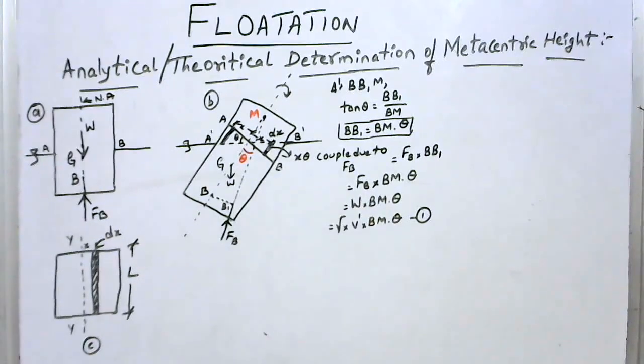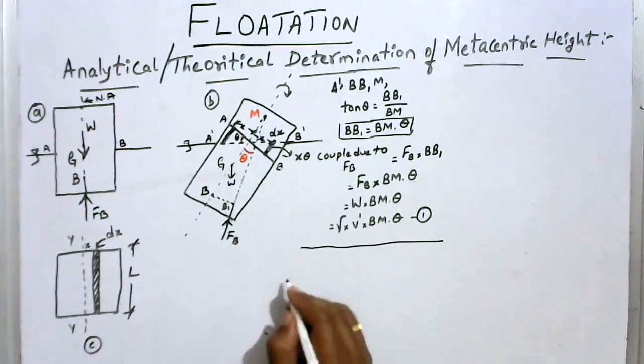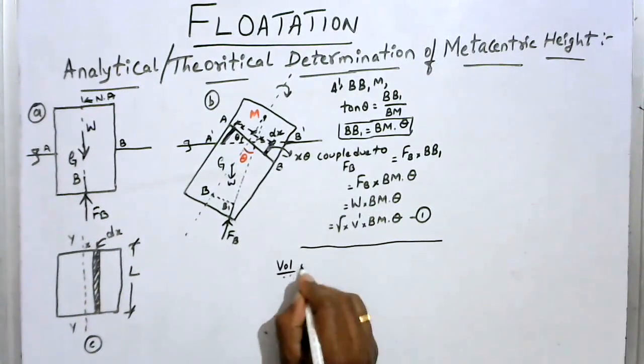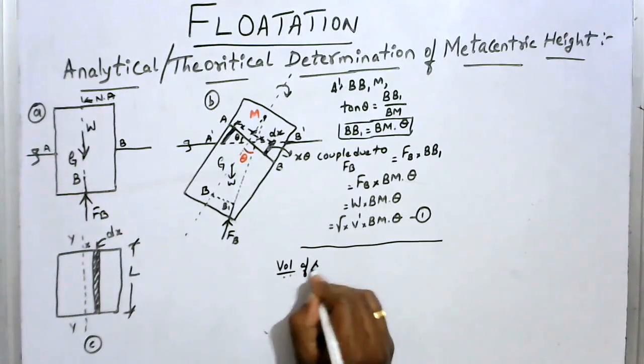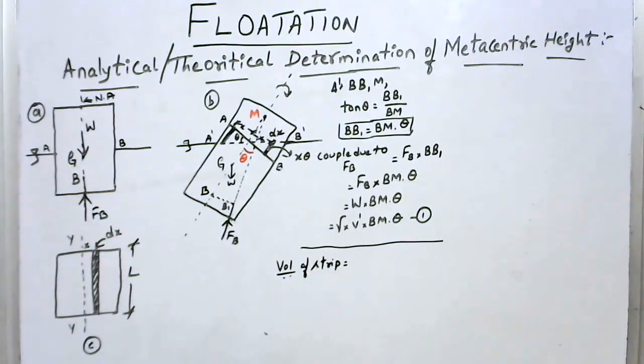x into theta. Now I'll take the volume of this strip. What is the volume of the strip? Area multiplied by length. What is the area?